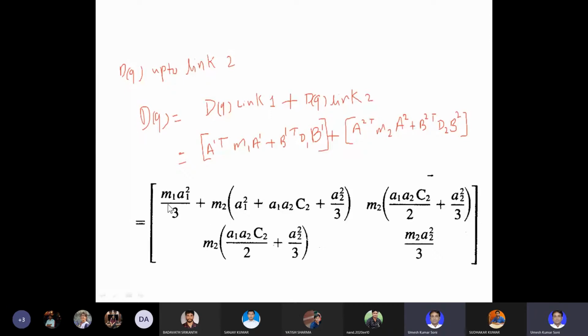Suppose that dq has now been calculated as this equation, based on these transformations. So you write down this matrix dq, and you have four elements d11, d12, d21 and d22. All of you note it.